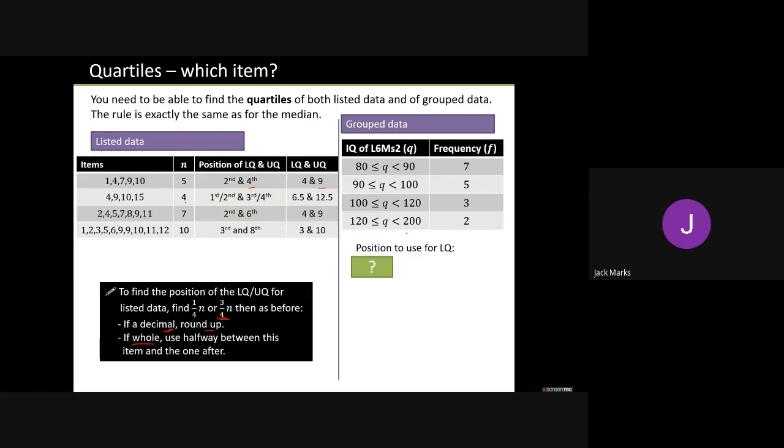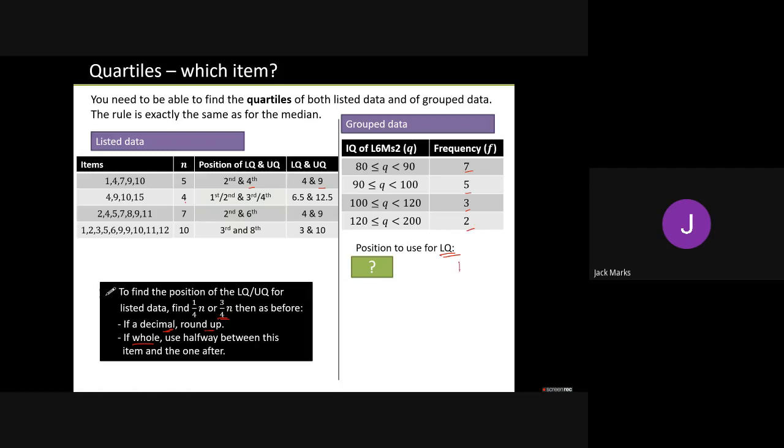What do we do for grouped data? Well, actually, we use linear interpolation. So for the lower quartile, what do we have here? 7, 5, so we've got 12, 15, so we've got 17.